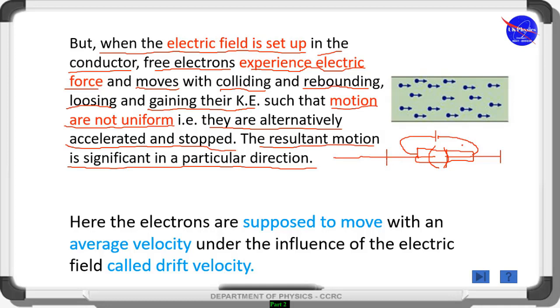That means if this part cancels out this part, then this part remains. That means some of the electrons are significantly flowing in a particular direction, and this flow of electrons is responsible for the significantly higher flow of current in this conductor.